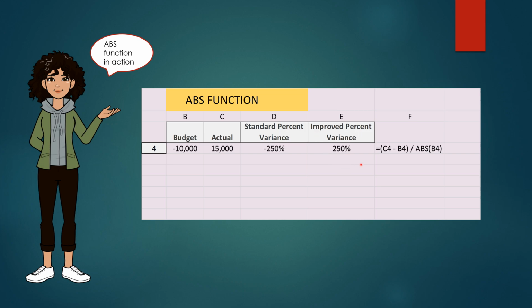To use this function, we'll take cell C4, which is the actual, minus the budget that had been planned for, and then when you're dividing by the budget, you'll wrap it in the absolute function so that it does not give you a negative value. You can refer to this formula here, which is the same one that was entered in column E.